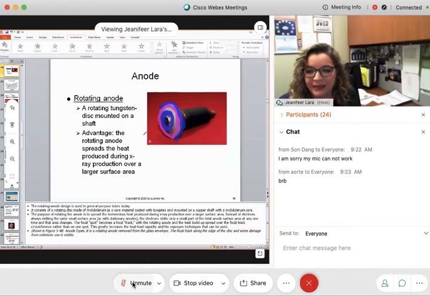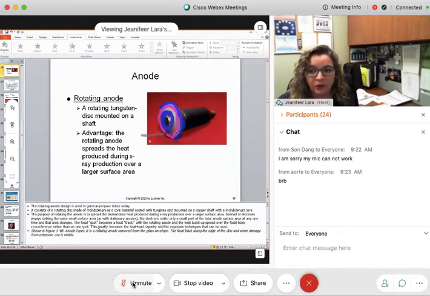as the electrons come over, they're going to bombard on a target. But remember, this is spinning at 3,400 revolutions per minute. So this whole thing is going to be a target, but it's not just one part in itself.